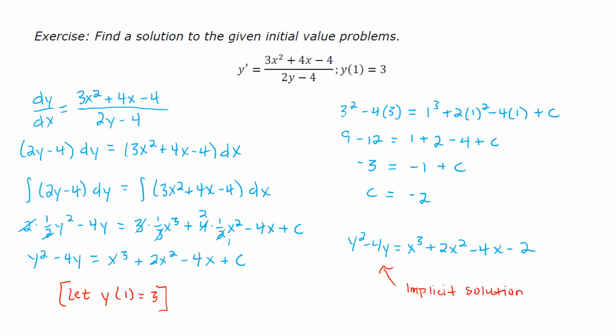All right, and we want an explicit solution. So we're going to have to work a little bit more to get our answer equal to just y. So let's take this and find our particular solution. I'm just going to rewrite what we got on the top here.